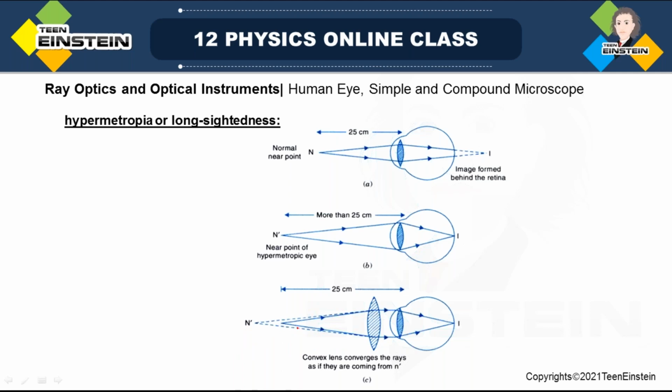You can create a virtual image of that object beyond 25 centimeter, and for that you need to use a convex lens. So this is how hypermetropia or long sightedness can be corrected.